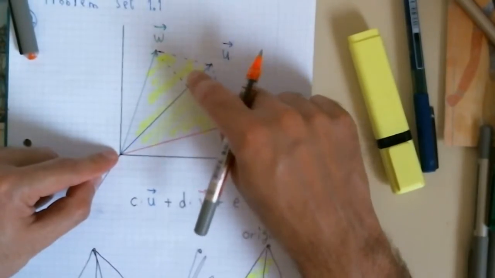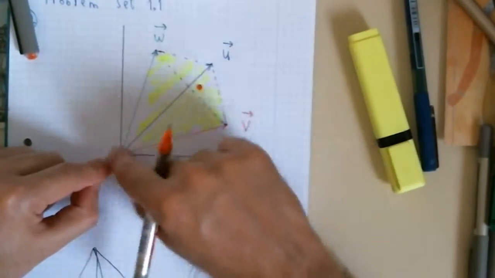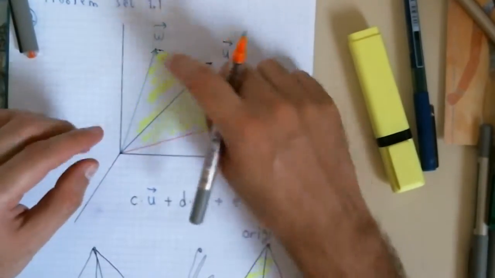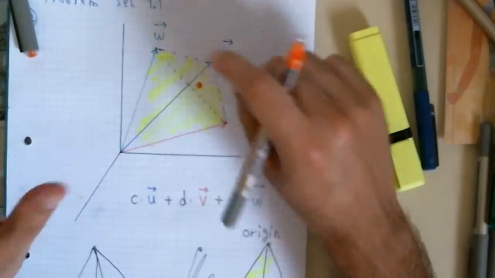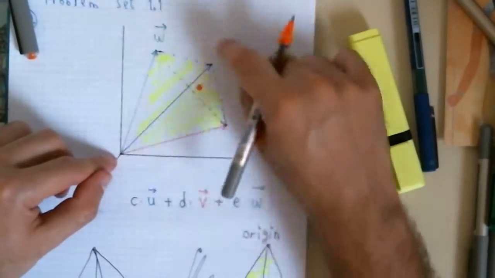It's not right in the center. If the vectors were exactly the same length, it would be exactly in the center of an equilateral triangle, but it's not, it's just random vectors.